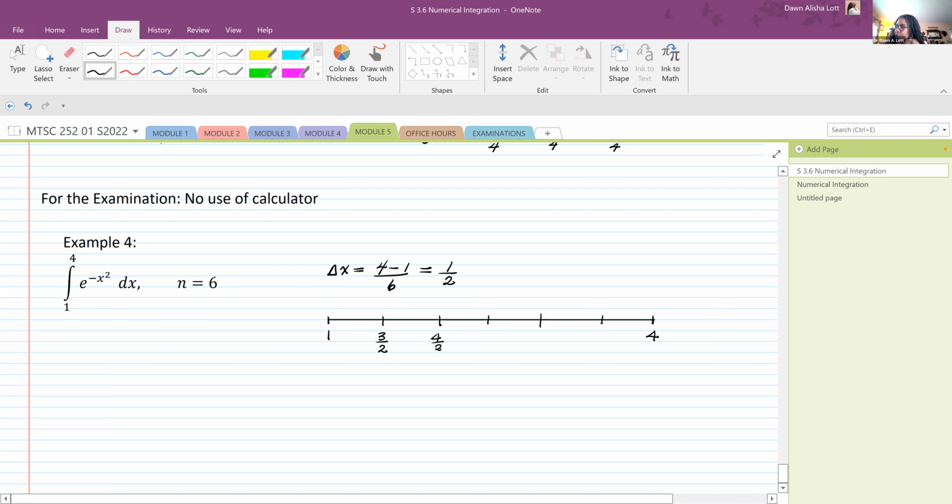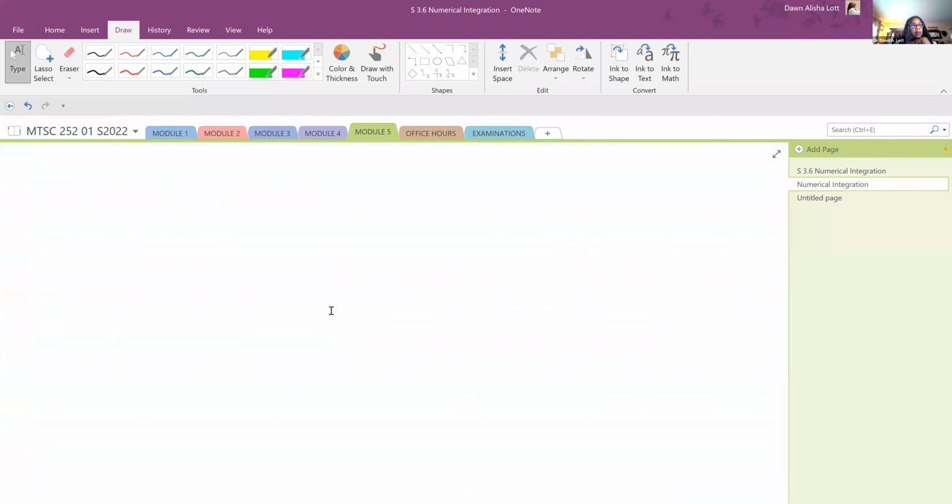If you want to just do 2, since you're doing it on the exam, it doesn't matter. You're not going to have a calculator. 2, 5 halves, 3, 7 halves, and 4.